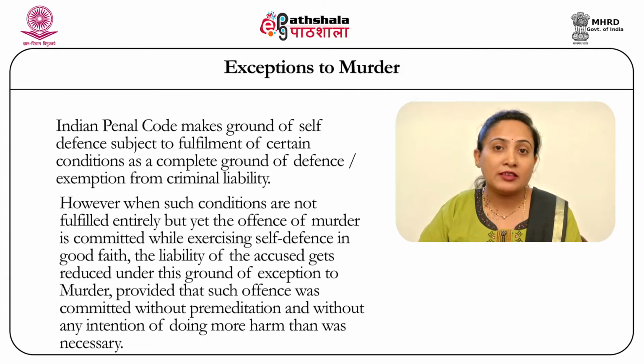But there might be certain situations wherein an accused might cross those legal limitations, yet because he is acting while exercising his right of private defense and he is doing so in good faith without any mala fide exercise of his right of private defense, he would fall under this partial ground of exemption.